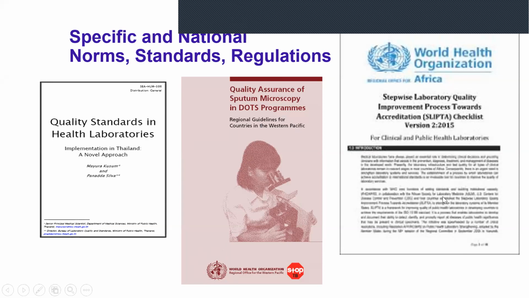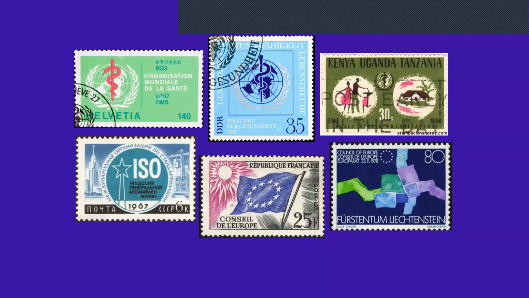And then here you have the World Health Organization Africa for the SLIPTA. So you see the covers of different standards and how they come to the different places where you need them. ISO has its own, and you can see a lot of the postage stamps that have been done by ISO. Here's one for the CEN, the European one, and here's one for the WHO.